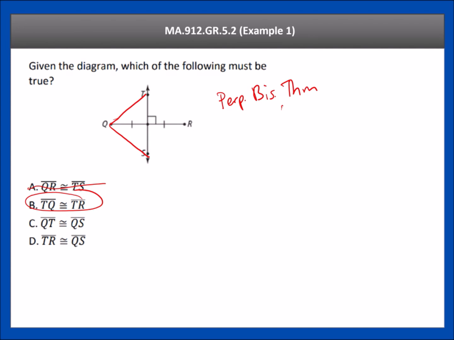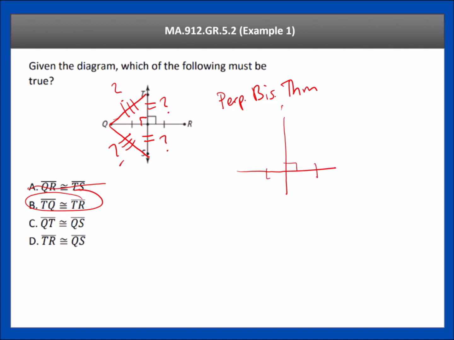We know that QR is perpendicular because it does cut at a right angle, but we do not know whether these are congruent on either side. So we don't know that it's a bisector. And if we don't know that it's a bisector, there's no guarantee that these are the same length on either side. Because it might be that this is cut in half here.